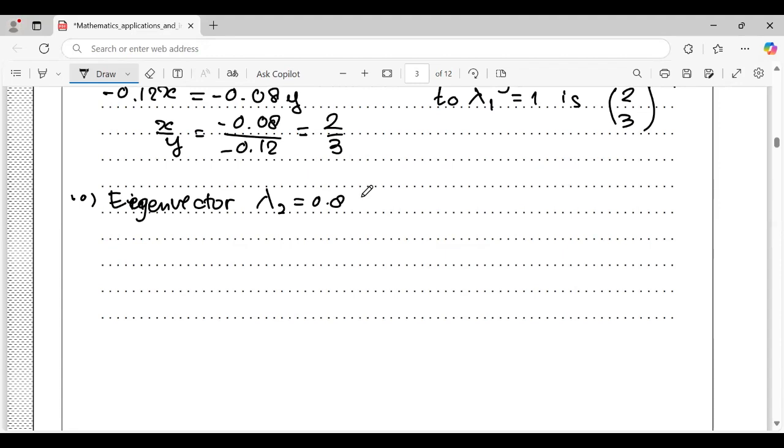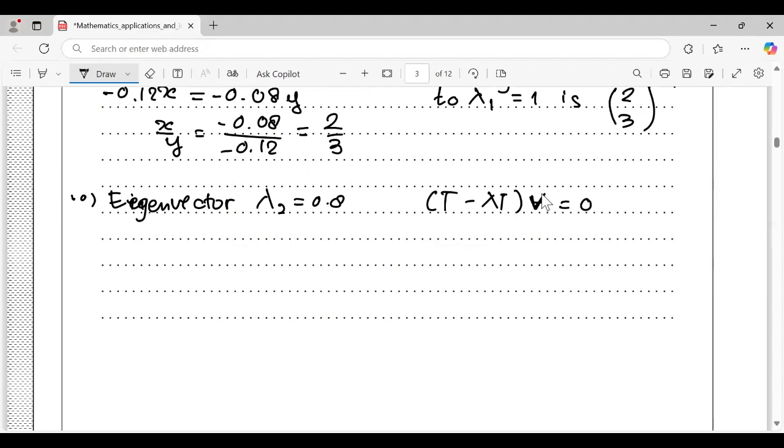Substitute the second lambda equals 0.8 into this equation, T minus lambda I multiplied by phi equals 0, right?